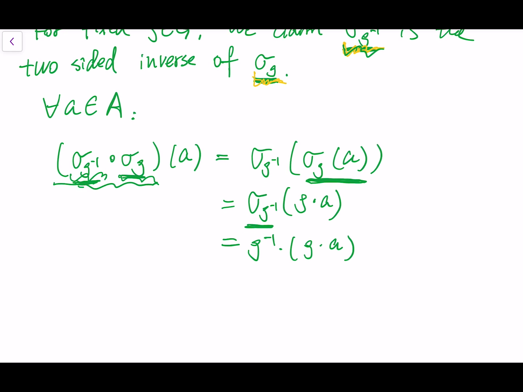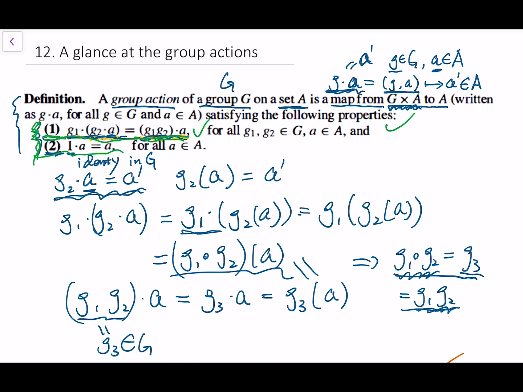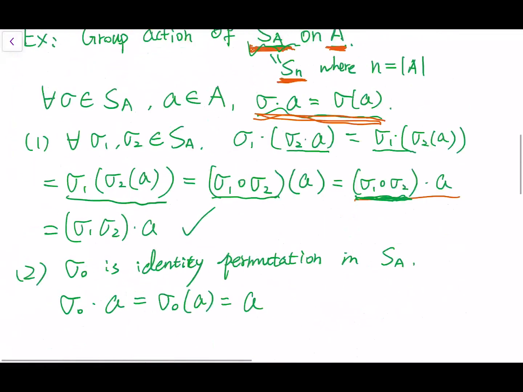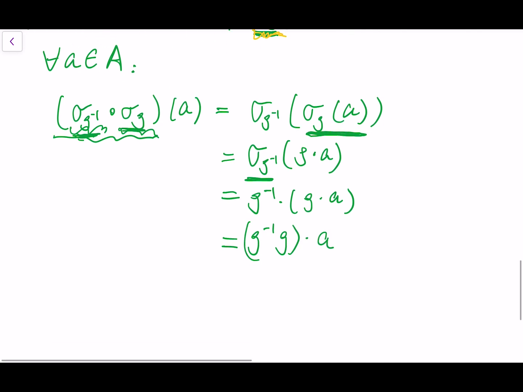Then, because g and g inverse act on some elements, we can use the definition of group action from the beginning, the first property of group action. So that is equal to doing the multiplication of the two elements from the group, then acting on the element. So this equals g inverse times g acting on a.